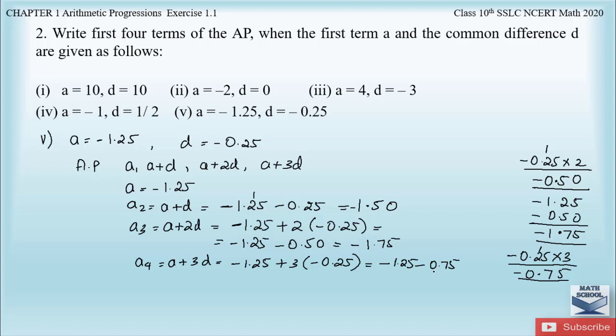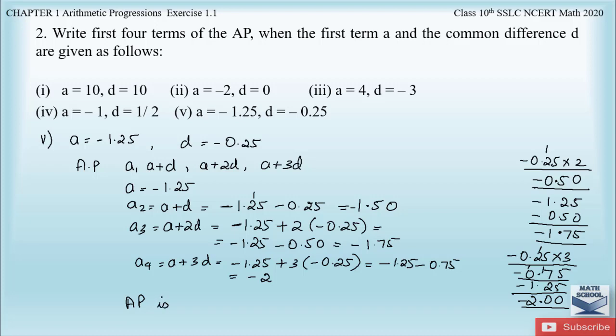So let us add these two values. So minus 0.75 and minus 1.25. If we add them, you get carry 1, 7, 8, 9, 10, again carry 1, so it is 2. So the result is minus 2. Okay, so let us write down the first 4 terms which we obtained for an AP.